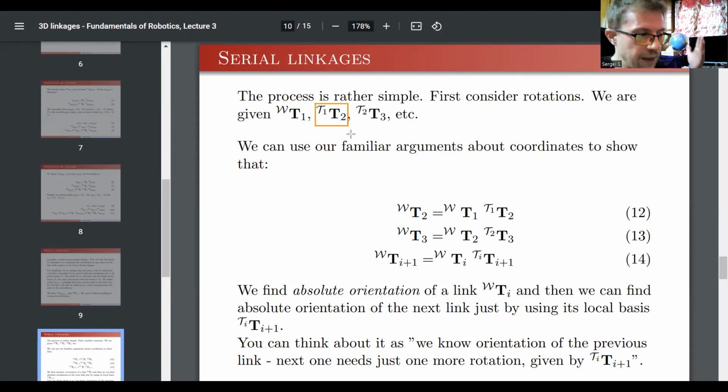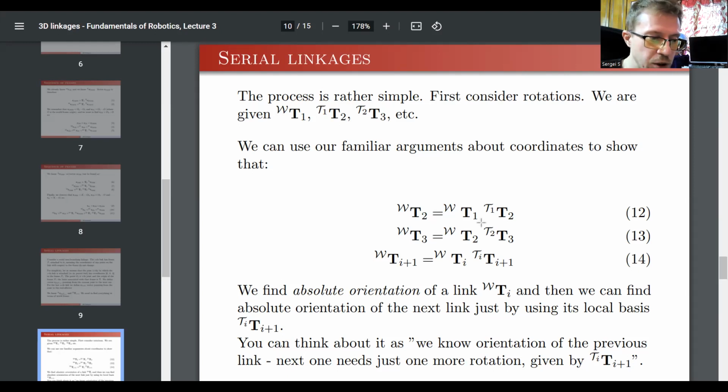That makes no sense. You need to work with absolute orientations. So you say this is how we need to change the absolute orientation of T2 to get to T3. Sure, change it, but change the absolute orientation of T2, not some relative stuff.